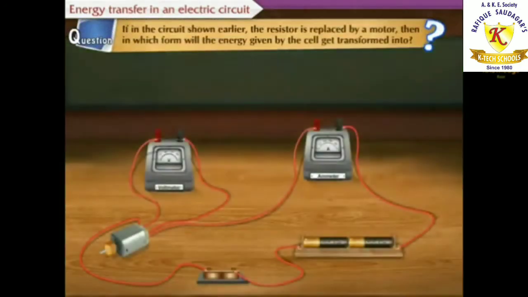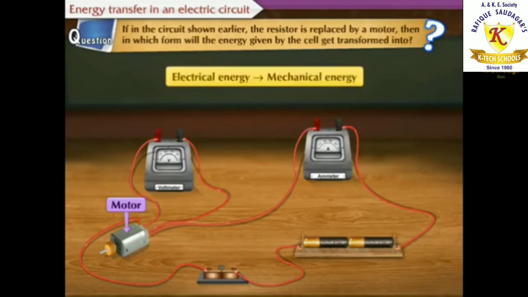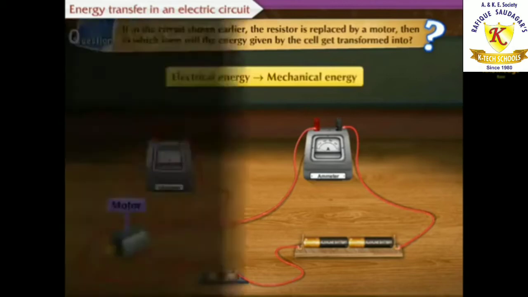Now let me ask you some questions. If in the circuit shown earlier, the resistor is replaced by a motor, then in which form will the energy given by the cell get transformed? Yes, children? Can you tell me? Yes, you are correct. The electrical energy will get converted into mechanical energy.